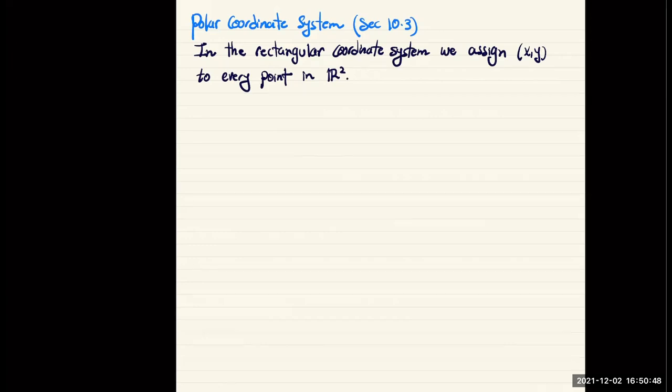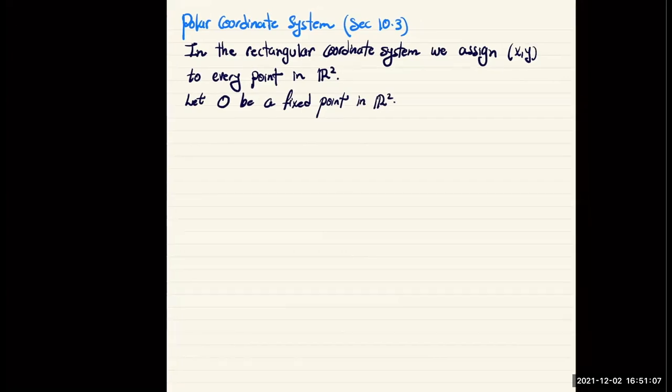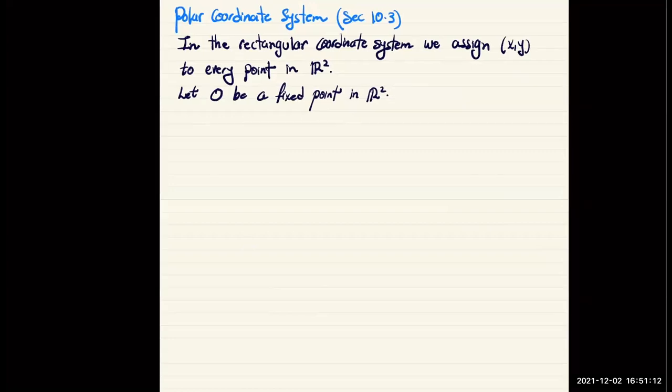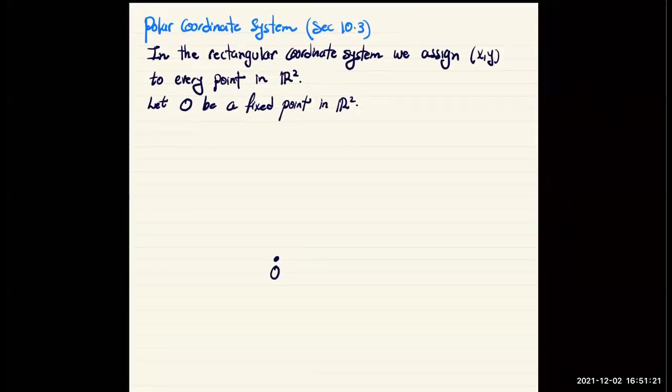Let's say we have some point O be a fixed point in R2. So here is O. We typically use O for origin, 0, 0. Take any point Q.